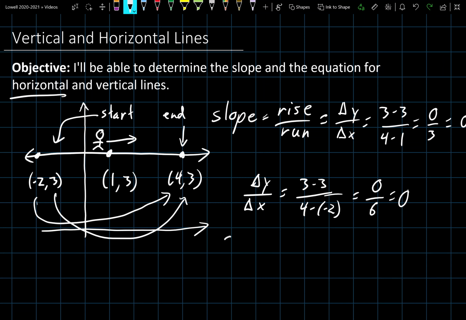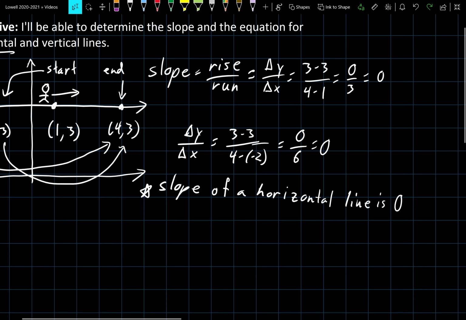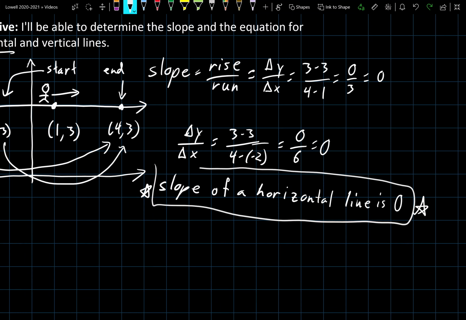And so the slope of a horizontal line is 0. And that's something we're going to want to put in a nice box with stars on the side. The reason that's the case is because if you are horizontal, then your rise over run, your rise is always 0.